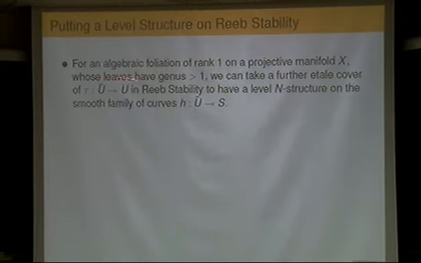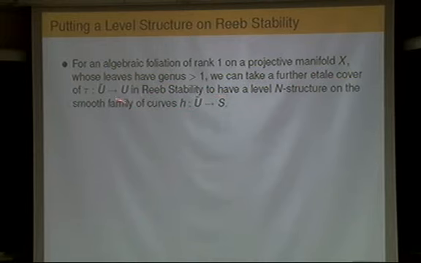So in our situation, when we have this Reeb stability, we take some étale cover so that it becomes a smooth fibration. Now we want to give this smooth fibration some level structure by taking an extra étale covering. So we can assume that in the Reeb stability, under this étale cover, this smooth family of curves actually has a level structure.